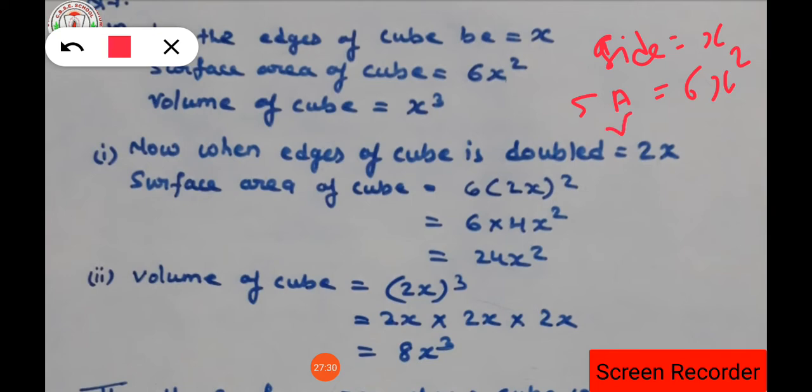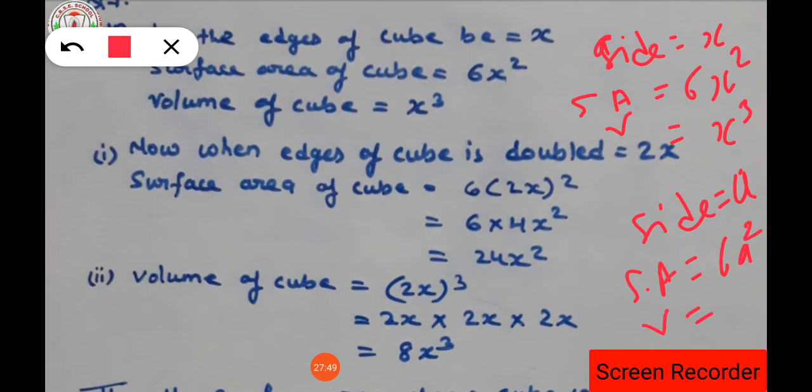And the volume of the cube is x cube. If in the place of x we consider a, then it simply changes: the surface area will be 6a square and the volume will be a cube. This is a formula itself, isn't it?